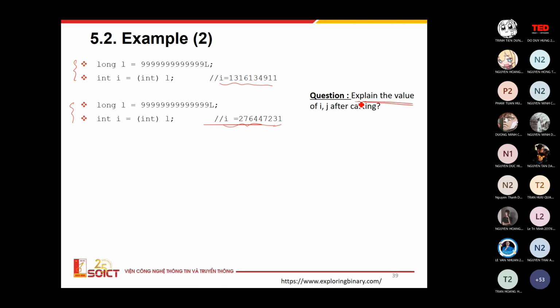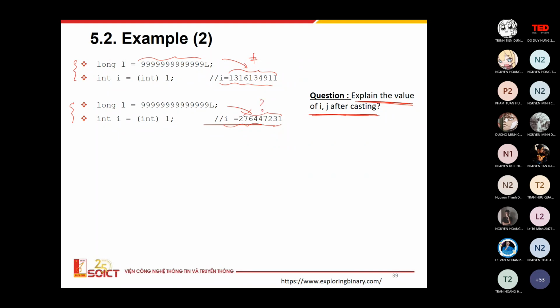Explain for me why E and G have this value after the casting. In your slide, you already have this command, so try to explain why you have this very strange value. Here we have 999, but after casting, you have something very different.